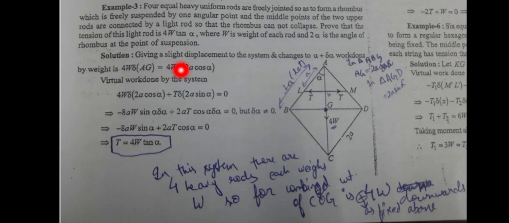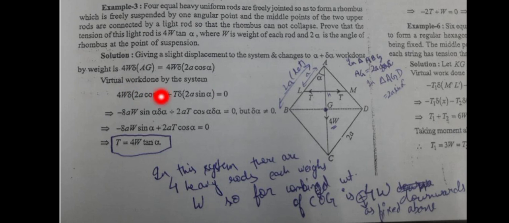Now giving a slight displacement to the system, alpha changes to alpha plus delta alpha. Work done by weights is 4W delta AG, which equals 4W delta (2a cos alpha).